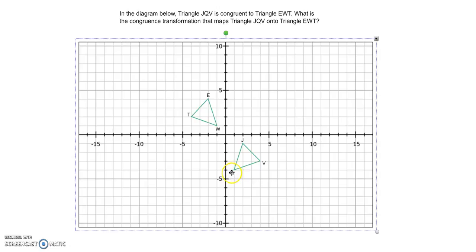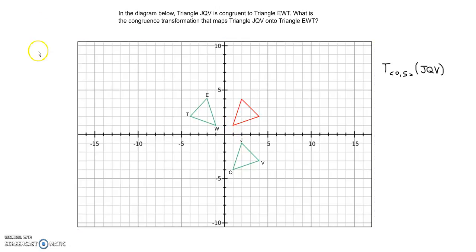So the first step I would do in trying to get Q to the location of where W is, I would first translate this up 5 units in the y direction. Okay, so I've just created an intermediate triangle right here. This is what it looks like when you perform this transformation on the right side, right?